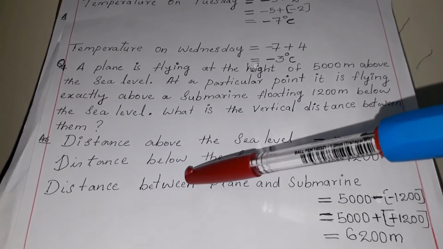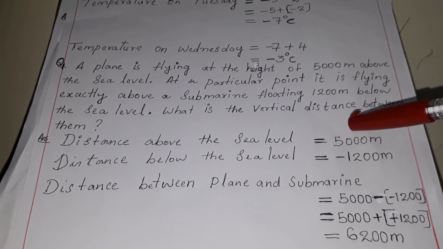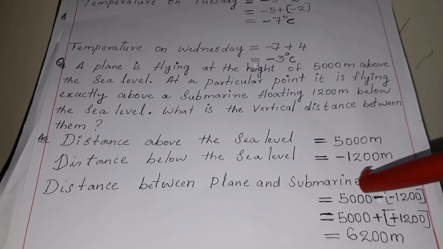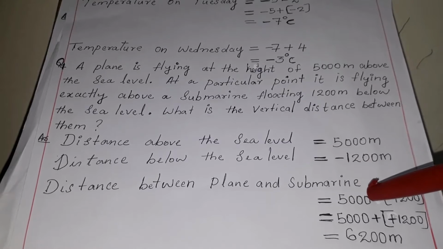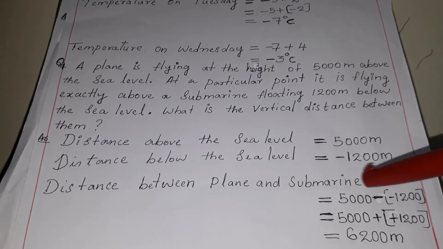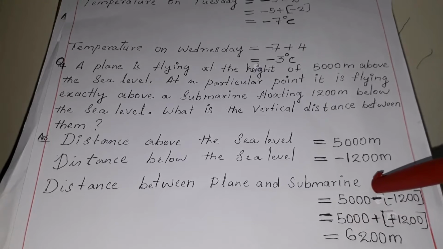So the distance between plane and submarine. What is the vertical distance between plane and submarine? How will you find this? 5000 minus minus 1200. What is the sign here?